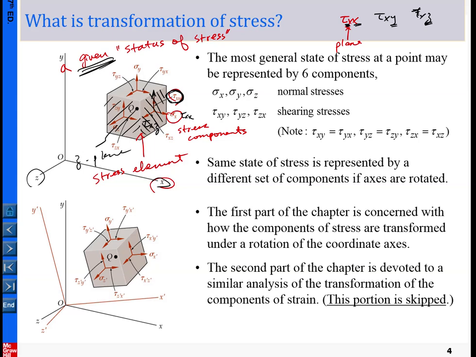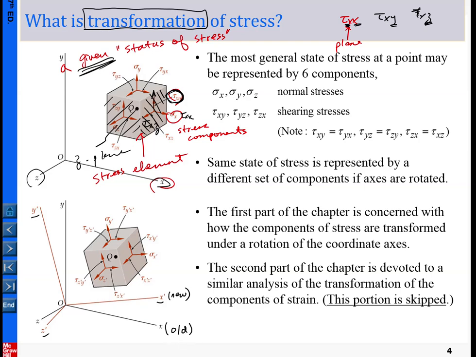Here it is x, y, z. And the transformation is basically this: if we choose a different coordinate system, for example x prime, y prime, z prime, which is a new coordinate system with respect to the original one, which I'll call the old one.